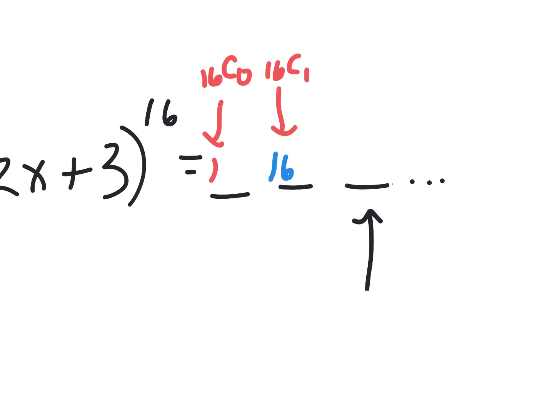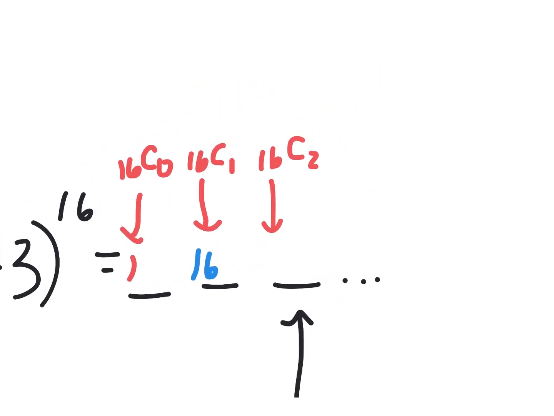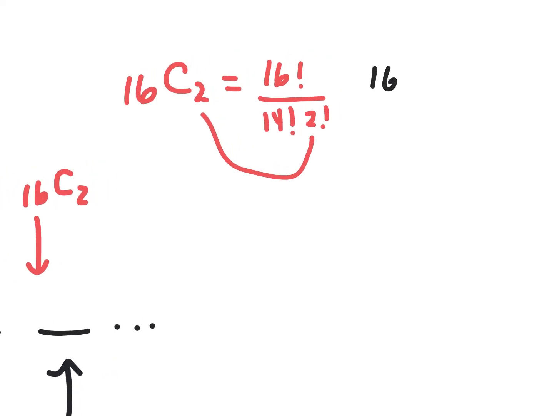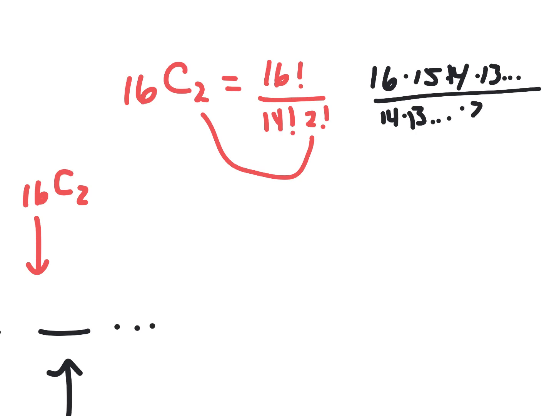And the third term right here would be 16C2. Oh, dang it. I'm going to have to do math. 16C2 is really 16 factorial over 16 minus 2 is 14 factorial with an extra 2 factorial thrown in. Am I going to do them all? No way. 16, 15, 14, 13, dot, dot, dot, over 14, 13, dot, dot, dot, times 2 times 1.